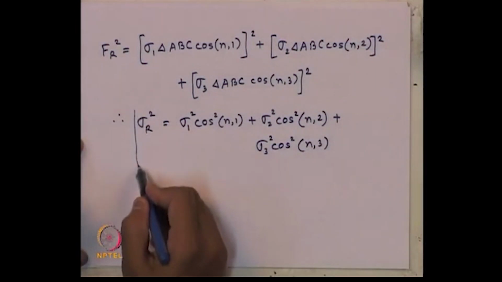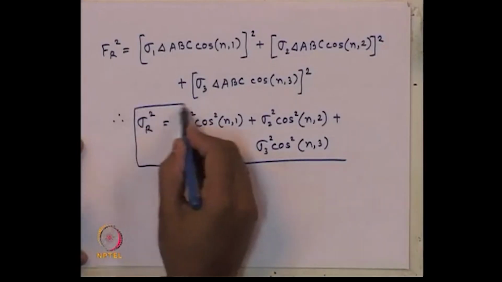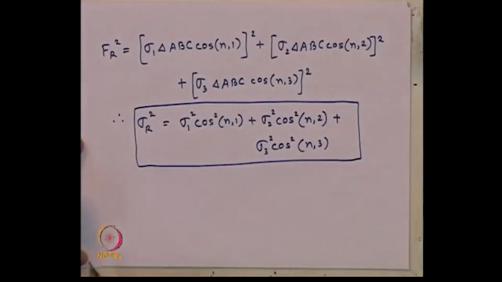This is another relation we can obtain. So, two relations we got, we need three relations to draw more circles, because we have to obtain the three centers of the circles.